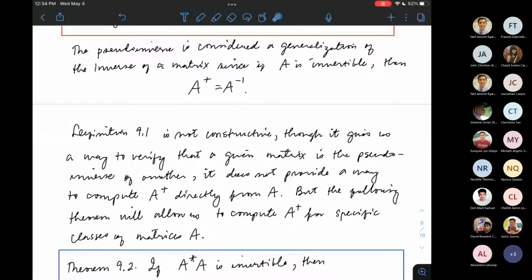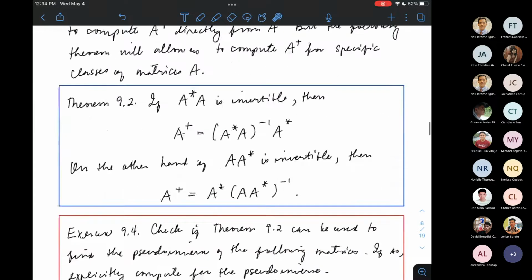Kung may inverse na siya, yun din yung kanyang pseudo-inverse. Ginawa lang natin ay define yung pseudo-inverse para dun sa mga non-invertible matrices. Okay? So yun yung usual concept ng generalization. Di natin gagalawin yung mga okay na matrices. I-define lang natin yung magsaserve as the inverse, yun nga yung tinatawag nating pseudo-inverse, para dun sa mga singular matrices at para dun sa mga rectangular matrices.